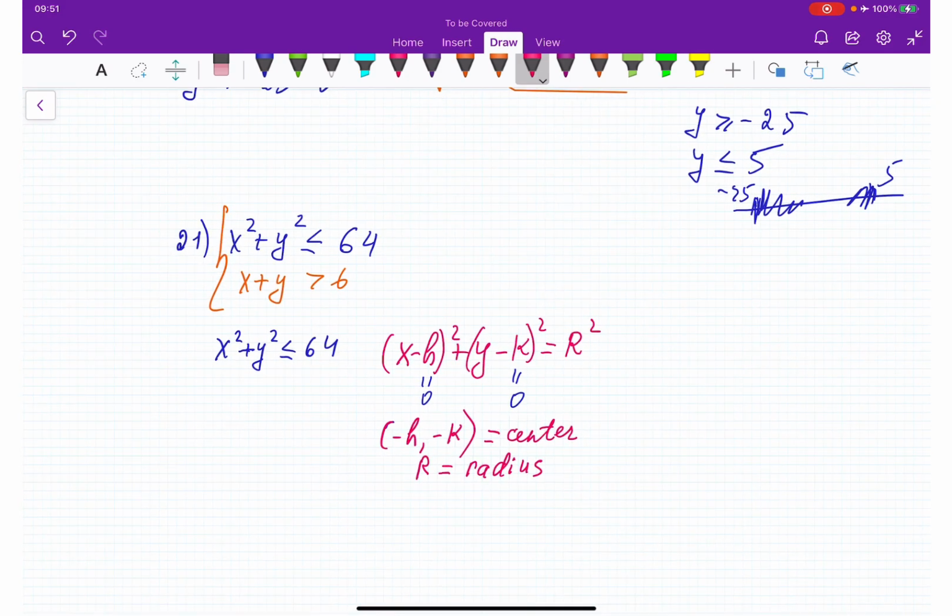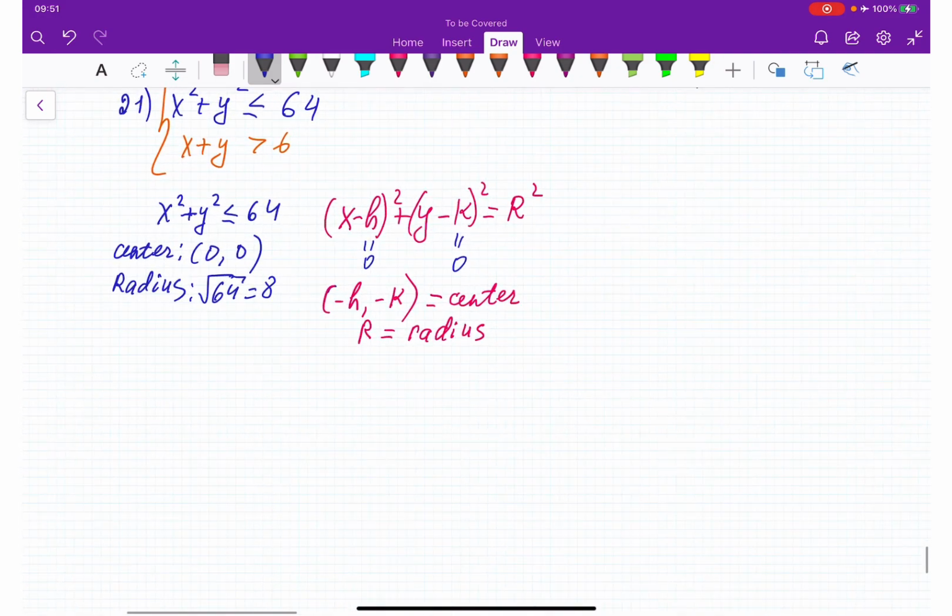Now, if we have h equal to 0 and k equal to 0, that means our center is going to be 0, 0, because we don't have shifting. And our radius is going to be the square root of 64, right? Which is going to be 8. Okay, so this is going to be our circle. Let me build it.